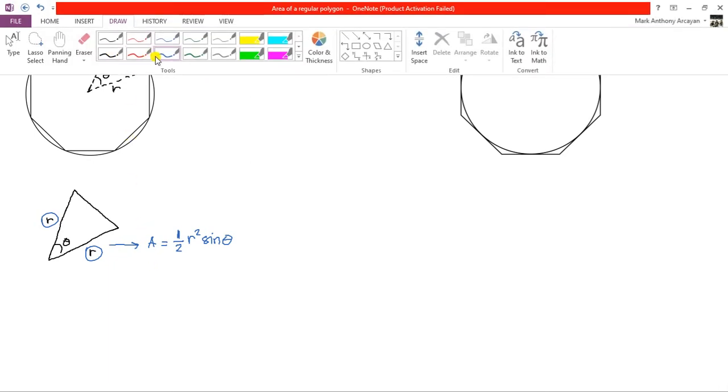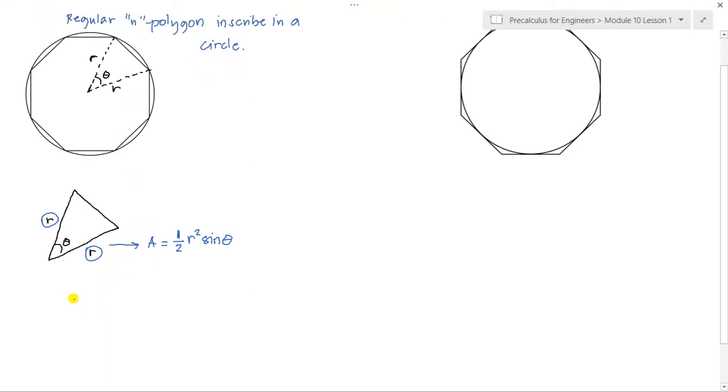Therefore, for the final area, ato i-express si theta again ha? Theta is just equal to 360 degrees divided by the number of sides. So kung mag-increase ang side, mo-gamay pod ang iyahang value sa theta.